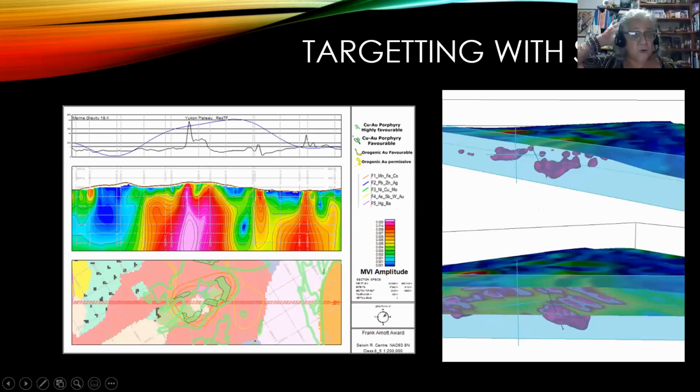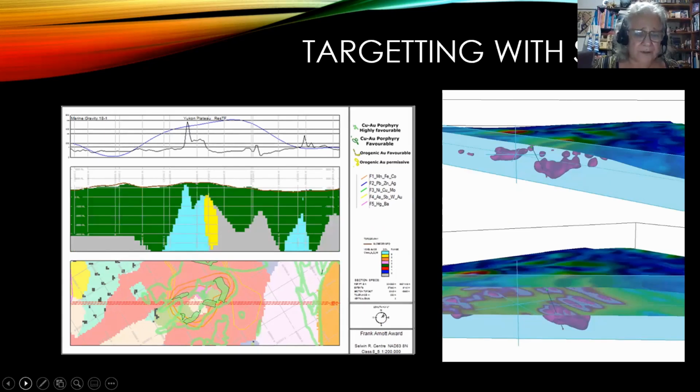And you can also look at this in profiles together with the geology, in a plan map, in 3D and other surface information. And here's work that we have used for copper gold porphyry in Canada. So those are the classes.